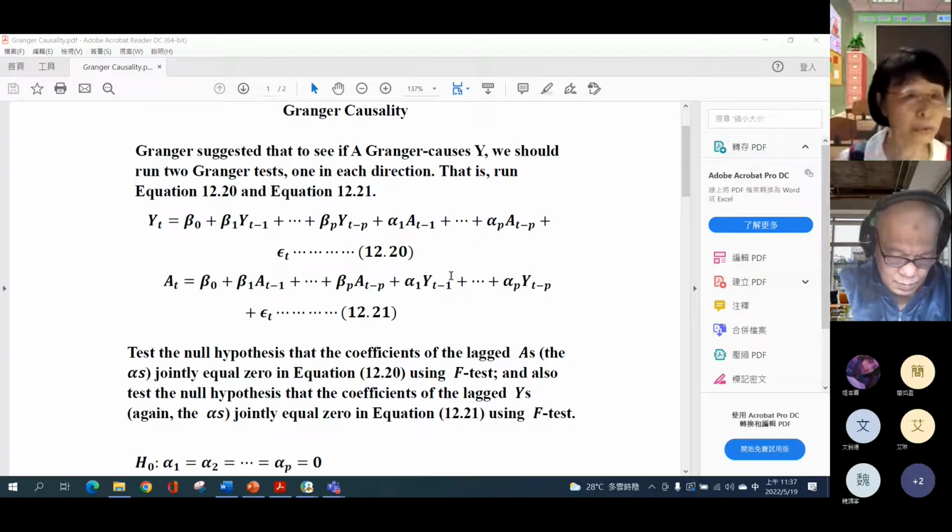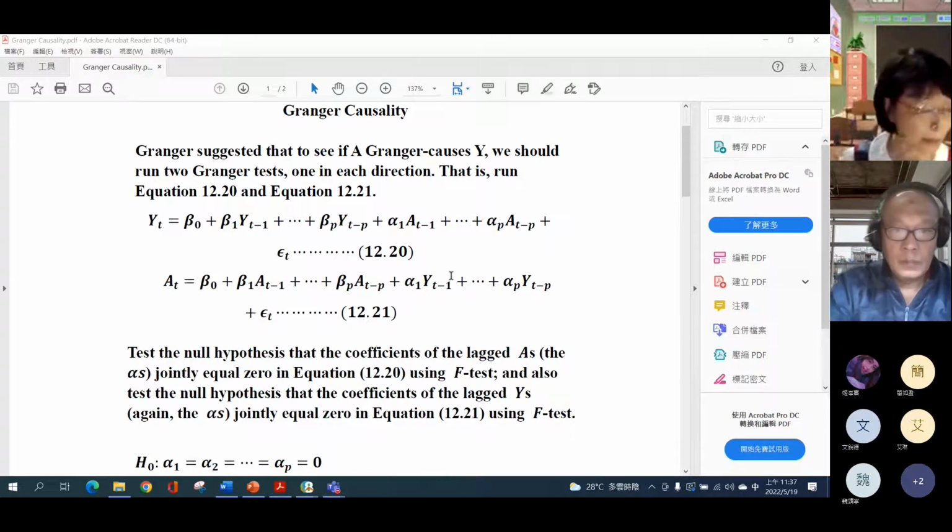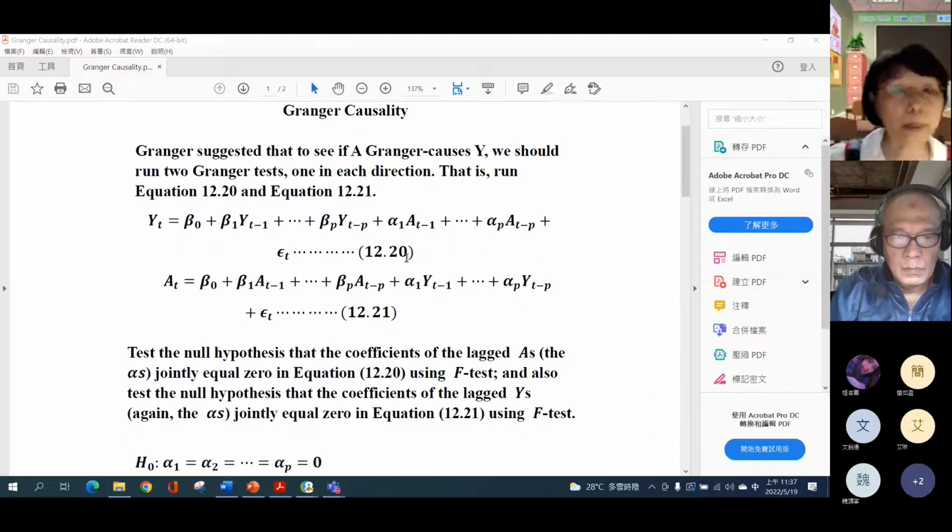And in order to know whether this regression is spurious or not, we are going to talk about it in section 12.5, which we haven't gotten to yet. Okay, so I need to do section 12.5 in order to make sure the equations 12.20 and 12.21 are not spurious correlation.